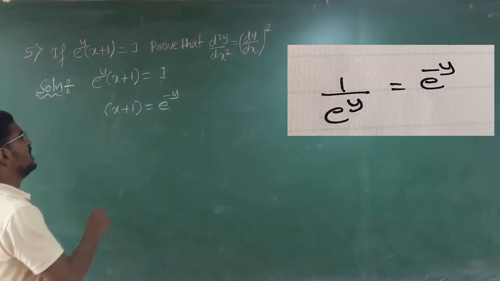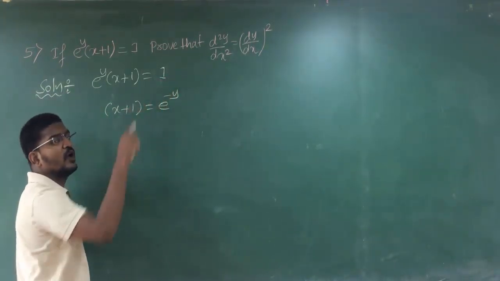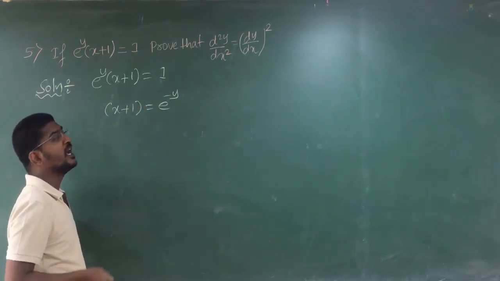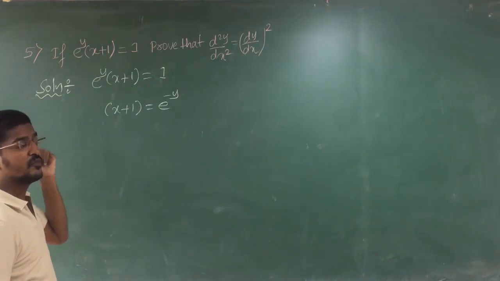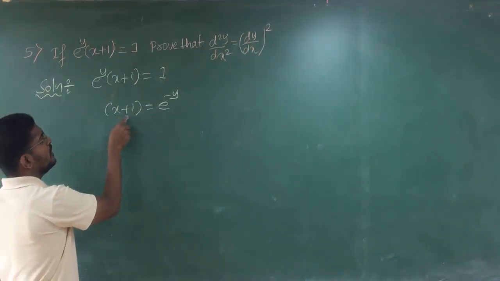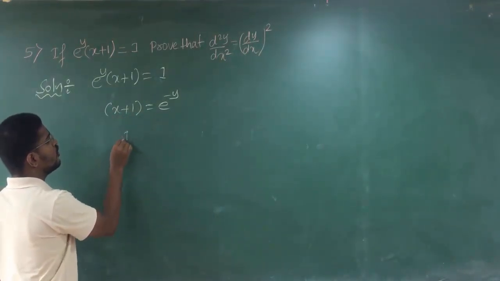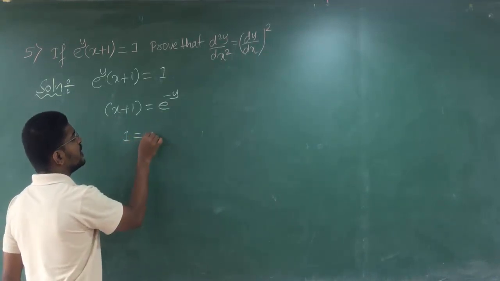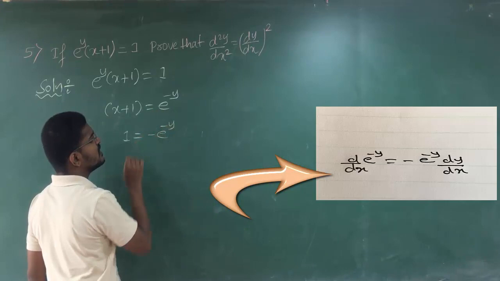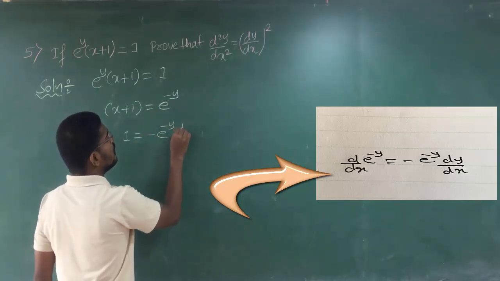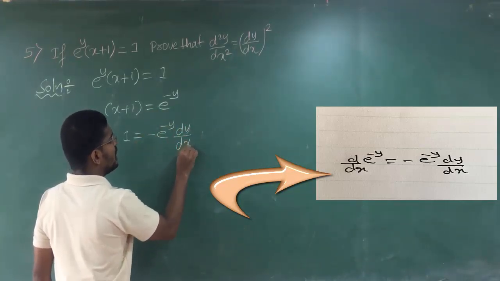So you remember that 1 by e to the power of y is nothing but e to the power of minus y. Now you differentiate this term. If you differentiate, what are you going to get? Differentiation of x plus 1 is 1. Differentiation of e raised to minus y is minus e raised to minus y into dy by dx.